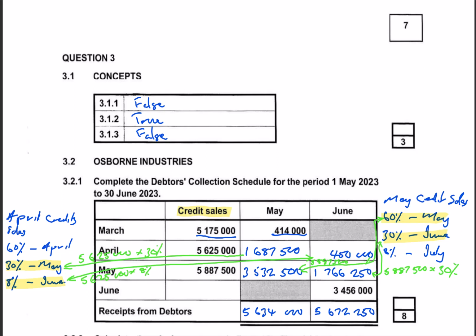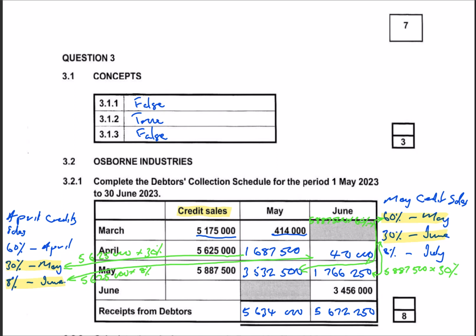Let me rewrite it where it's clear. So this is where I write $5,887,500 times 60%.